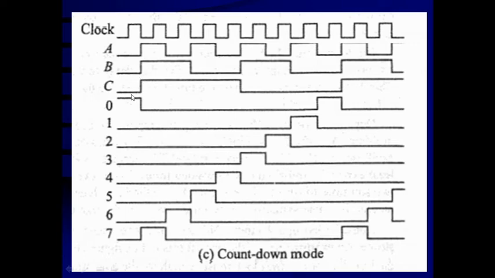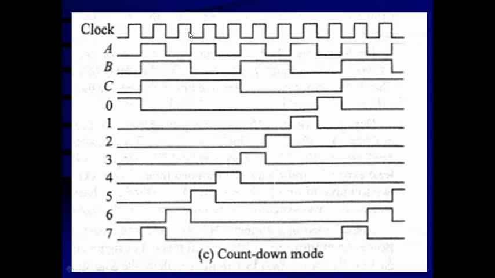So, 0, 0, 0 conditions, then 1, 1, 1 conditions, that means state number 7, then 1, 1, 0, that is state number 6, then 1, 0, 1, that is state number 5. So, the content of the counter is decremented with every negative edge of the clock pulse. So, it is operating in countdown mode.